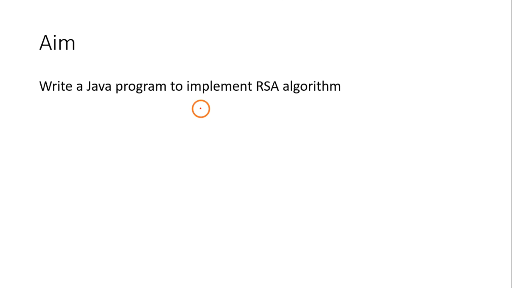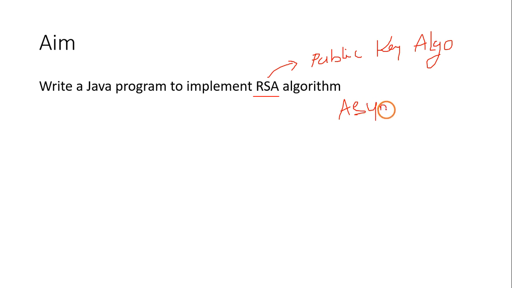So program 10 is actually about implementing the RSA algorithm. When compared to all the algorithms that you have seen until now, RSA is somewhat different. RSA is called a public key algorithm, or you can also say RSA is an asymmetric algorithm.